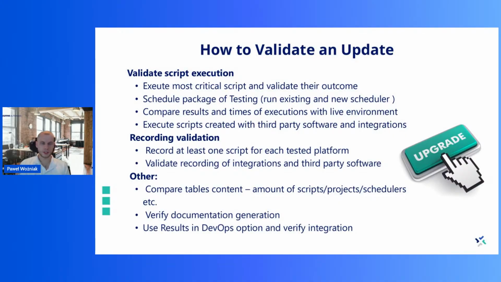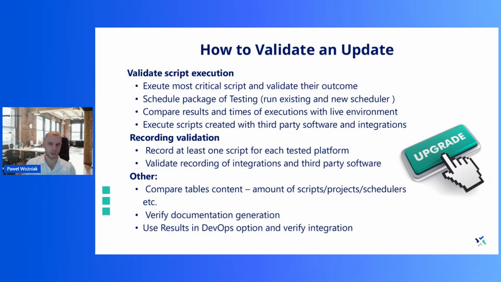And from other things, those are things that you can check just after the update. Especially the first point, which is to compare the table content. On the new version, you should have the exact amount of all the things that you have in the application.